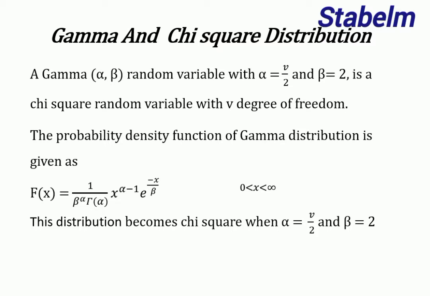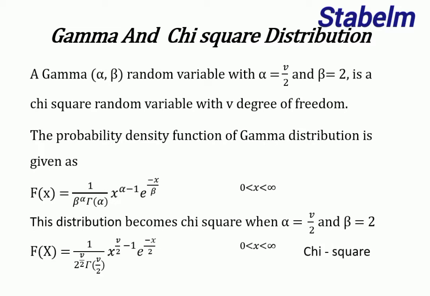Now it's going to give us f of x equals 1 divided by 2 raised to power v over 2, gamma of v over 2, x raised to power v over 2 minus 1, exponential raised to power minus x over 2. We still have our limit, x is greater than 0, less than infinity. This becomes chi-square distribution. So what has changed here?